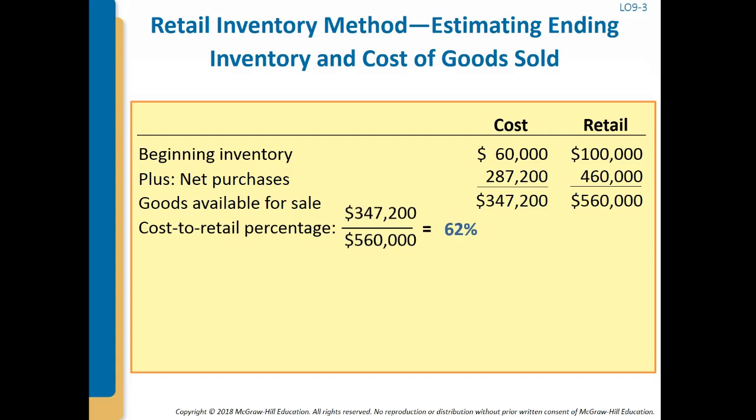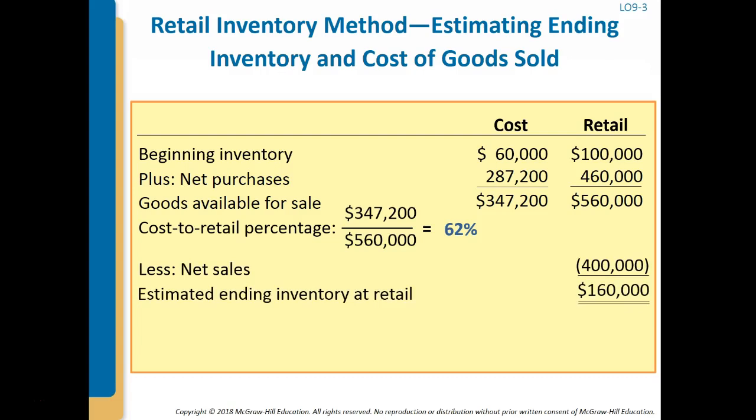Home improvement stores uses a periodic inventory system and the retail inventory method to estimate ending inventory and cost of goods sold. The data shown here are available from the company's records for the month of June. Home improvement stores first estimates ending inventory at retail, $160,000, by subtracting net sales from goods available for sale at retail.